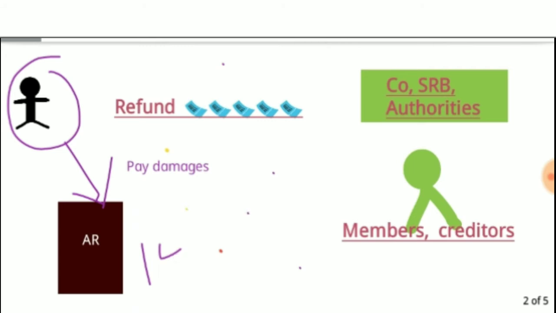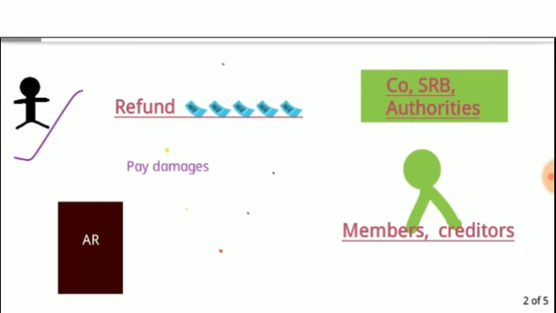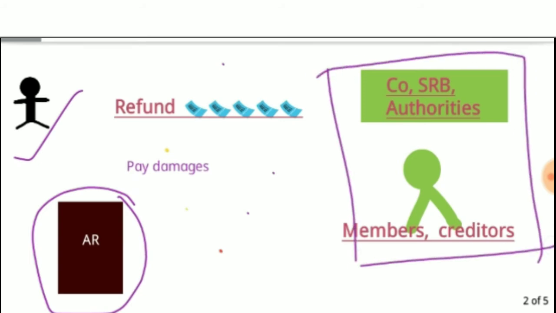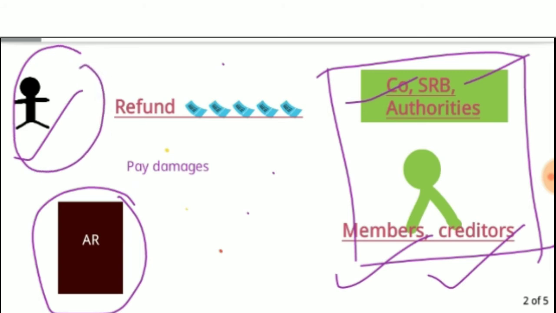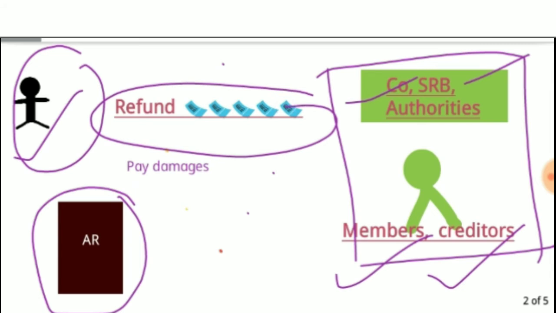Right? I will explain once more. Here he is the concerned auditor of the company. He is making a contravention of the provisions of section 139 and 143 and 144 or 145, and this audit report is made after making such a contravention. Because of that contravention, it will adversely affect these people, that is members, creditors, company, statutory regulatory board and income tax authority, etc. So the concerned auditor who has been appointed in the company and who has made such contravention is liable to refund the audit fee, if he has intentionally done that contravention.